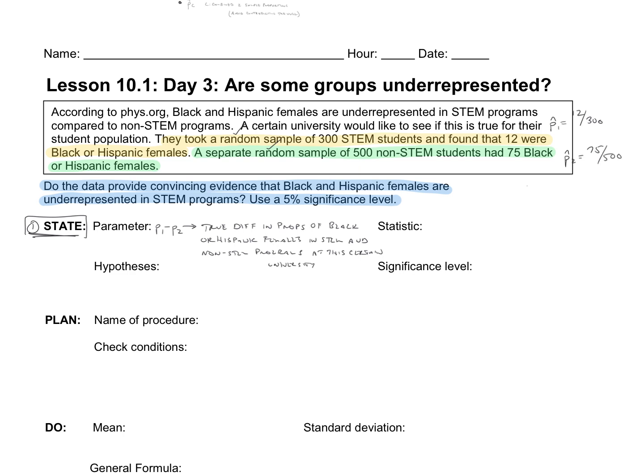We want to see, is that true at this specific one? As always, STEM is going to be P sub 1 and non-STEM would be P sub 2.